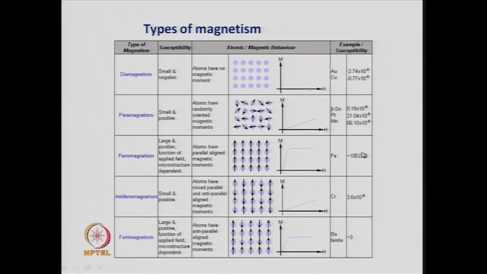So, you can have a large number of such magnetic orders in different solids, and their magnetization or susceptibility is different, and so you can understand the type of solid you have by understanding the plots between magnetization and field, which vary with different types of ordering of the solids.